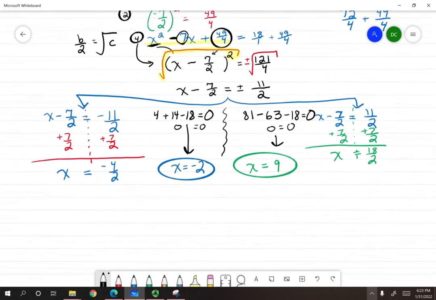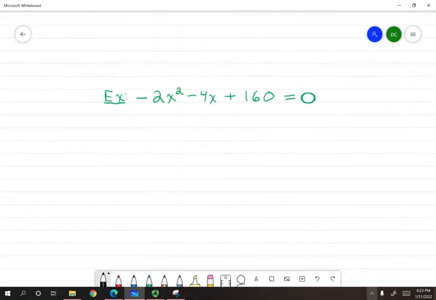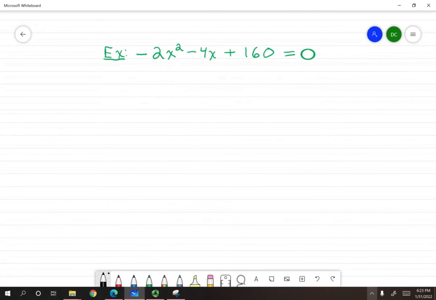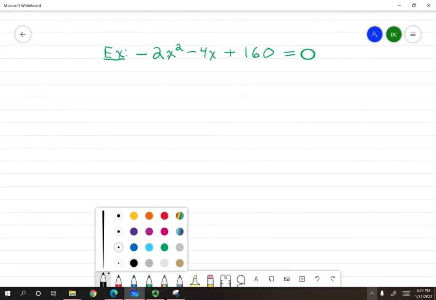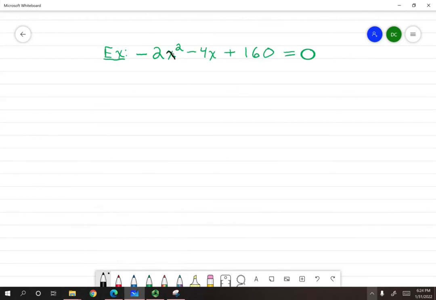Let's do one more example. Now in this particular example, I need to warn you of something. Completing the square only works when my first term is just plain old x squared. So in order to get that to be the case, I'm going to divide this entire equation, each piece, by negative 2.